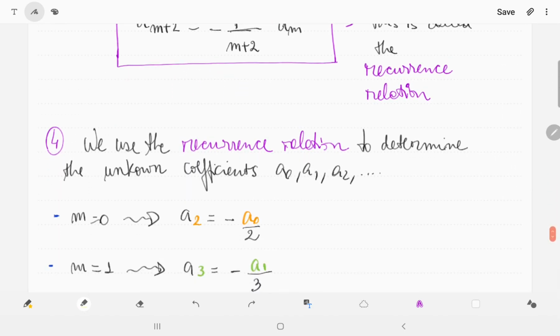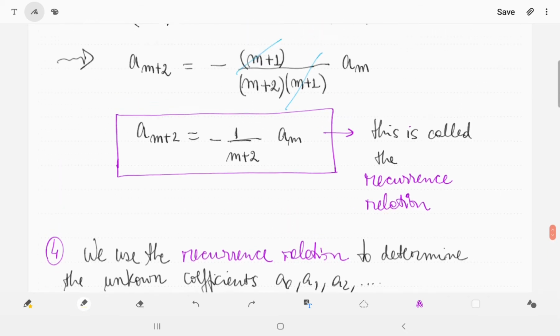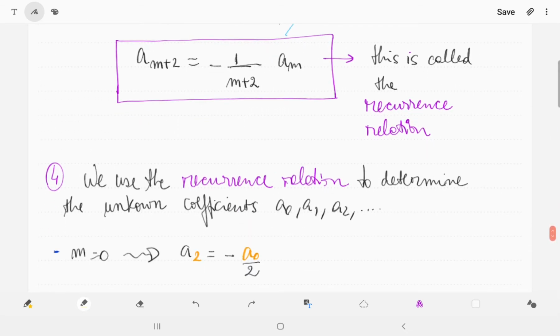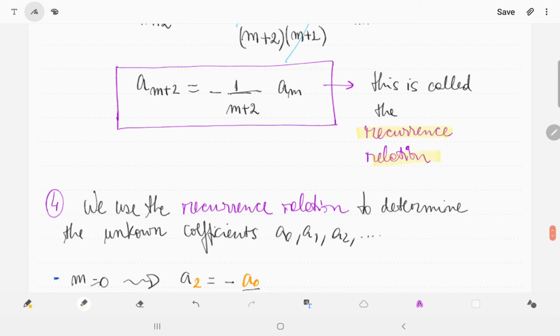Okay, so final step. Once we have this recurrence relation, we wonder if we can really compute and say, okay, a0 is equal to 1, a1 is equal to 5, a2 is equal to 3, and so on. We really want to determine these coefficients, so we can have the complete expression of our solution, which is a power series. So it's all about finding these coefficients.